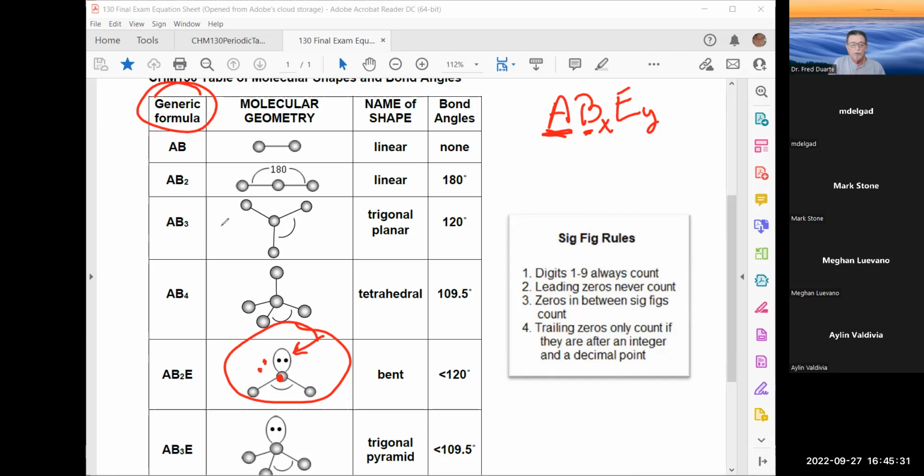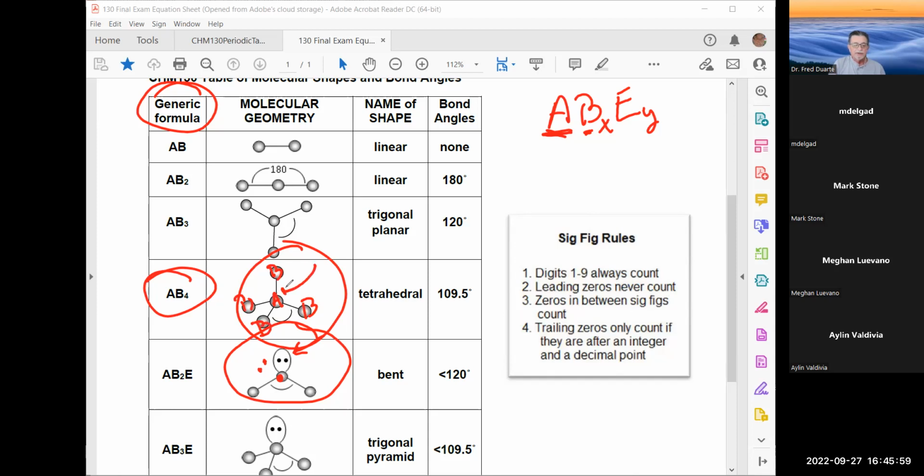So once we know the generic formula, which we obtain from the Lewis dot structure, we come to the table, which now gives us the geometry. For example, we end up with AB4. Here's the geometry where we have A sitting in the middle, and then B is bonded to the central atom.